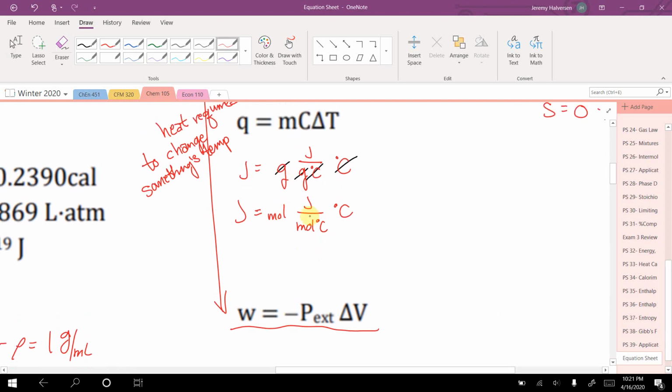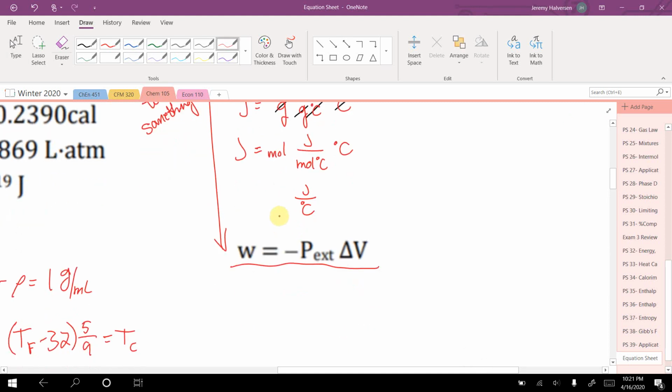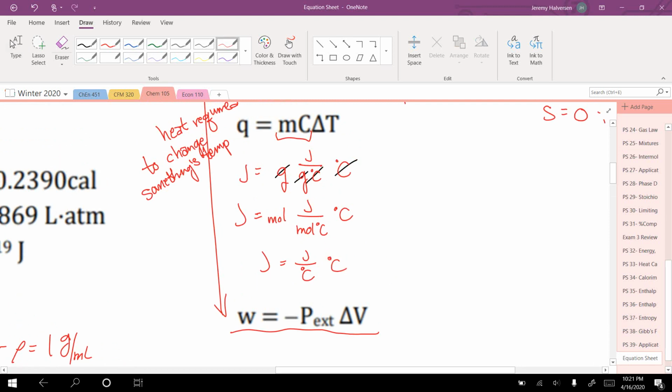It's just a box, a bomb calorimeter. And so they kind of take these two and multiply them together for you, and they give you a C value in units of joules per degree Celsius. So then to get joules, you are just going to multiply by degrees Celsius. So again, just pay attention to your units. You're trying to get Q, which is heat, which is going to be in joules, or kilojoules, of course.